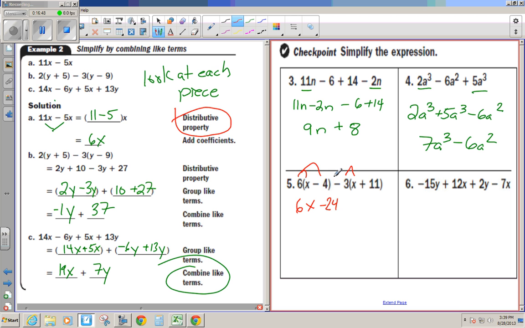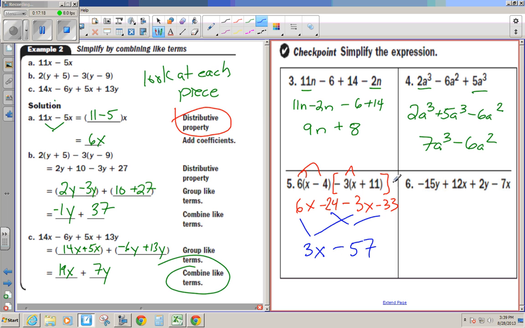It's better to think of it, for me, I make it a negative 3. Negative 3 times x is a negative 3x. Negative 3 times 11 is a minus 33. So combine the like terms. 6x minus 3x, minus 24 minus 33 is a minus 57.